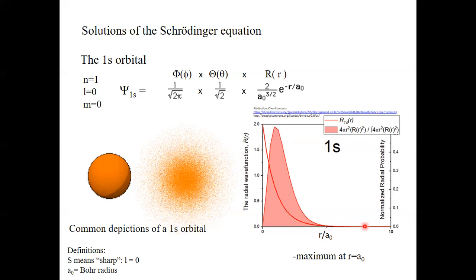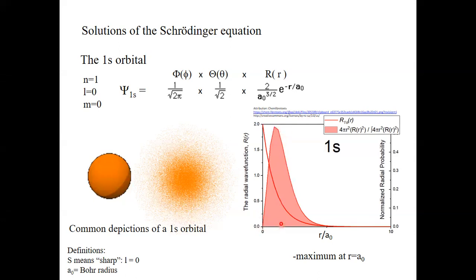Okay? So that means when we look at the probability to find the electron at a particular distance from the nucleus, we will find it not at r equal to 0, but somewhat further away.